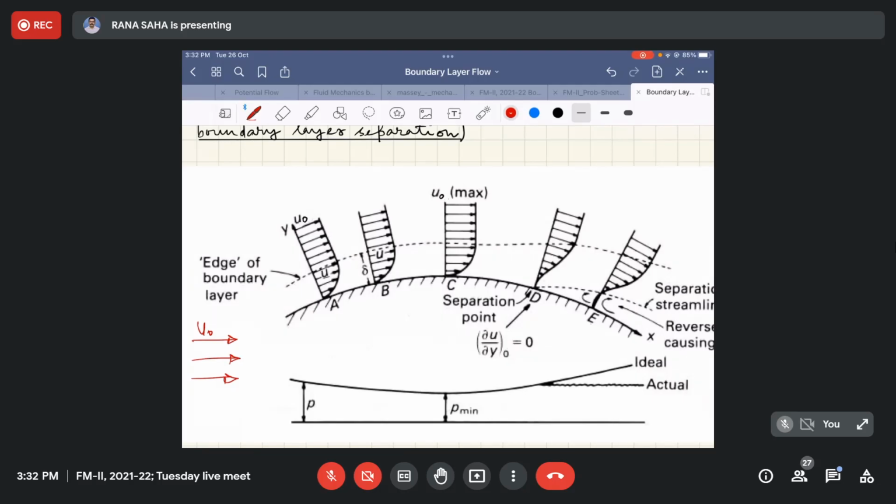So in this process, the passage through which the flow is now being permitted is gradually decreasing. The cross section of the passage I'm talking about, right? Otherwise, if this boundary was not there, you would have a constant cross section through which flow is occurring.